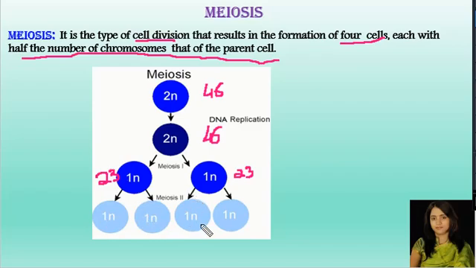Now four cells are formed. Each cell contains a haploid set of chromosomes, that is 23 chromosomes. Hence meiosis is a reductional division. It is known as reductional division because the chromosome number is reduced to half of its original number.